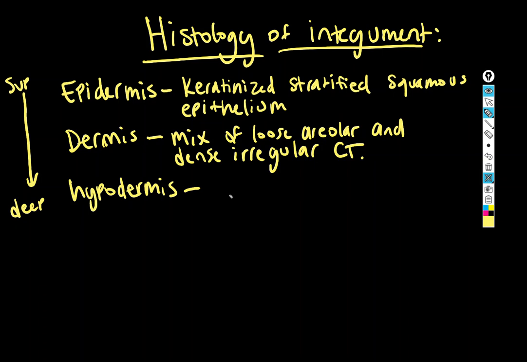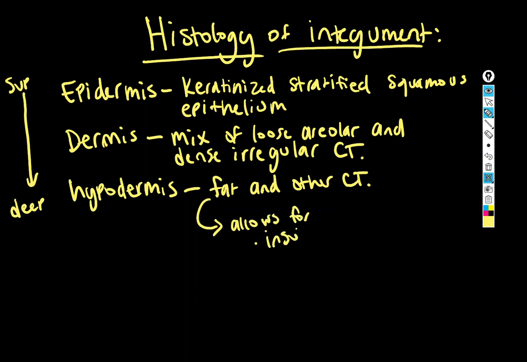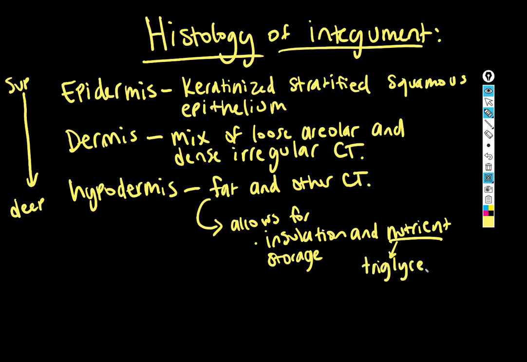And the hypodermis is fat and other connective tissue that basically allows for two things. Insulation and nutrient storage, specifically triglycerides.